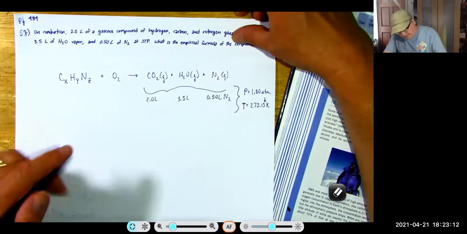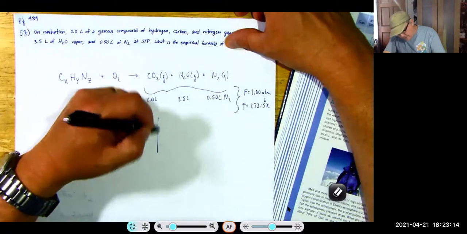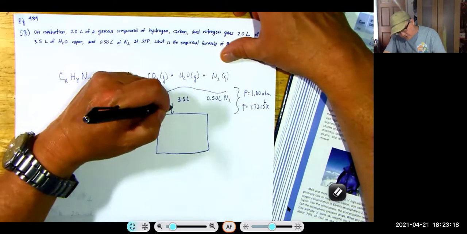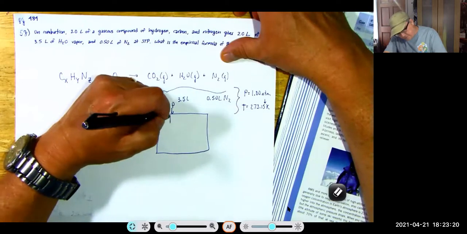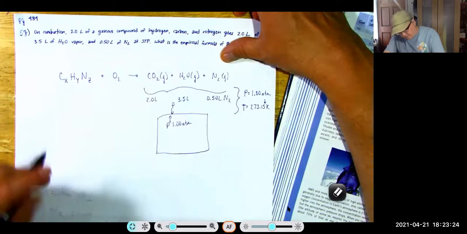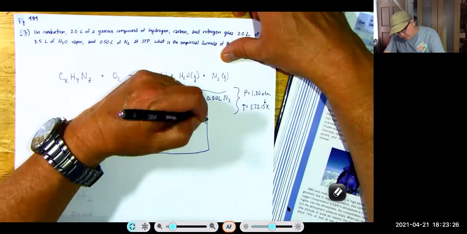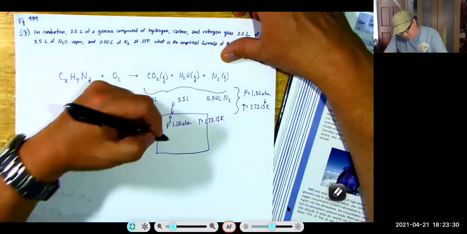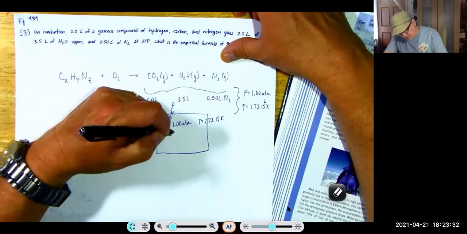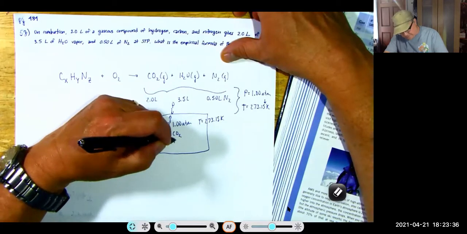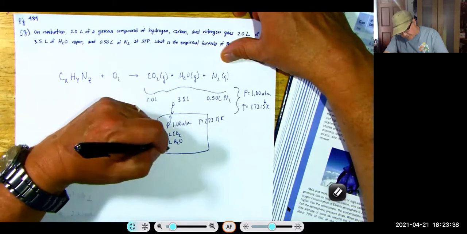And so this means that we basically have a container, a bag, if you will, of gas, where the pressure is 1 atmosphere, the temperature is 273.15 K, and we have 2.0 liters of CO2, 3.5 liters of H2O, and 0.50 liters of N2.